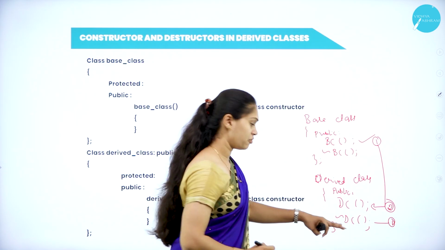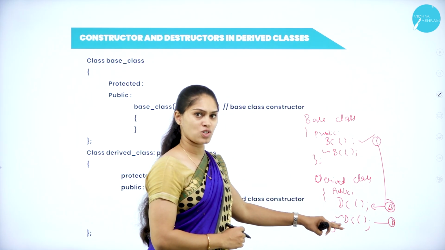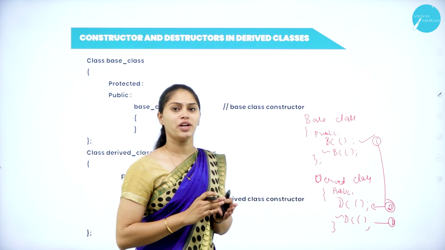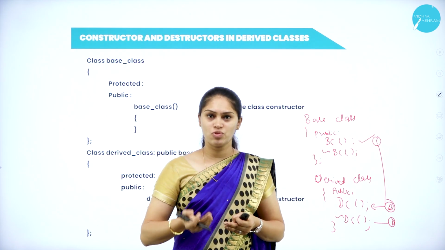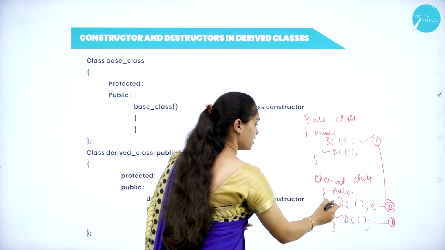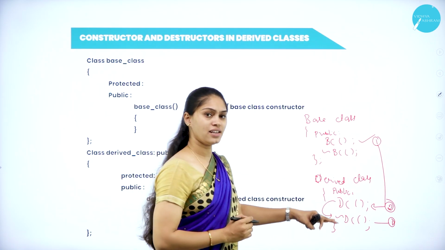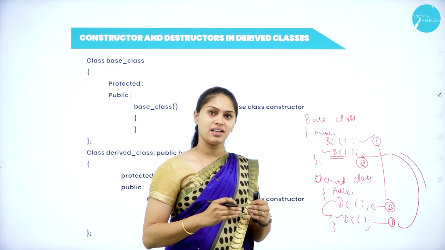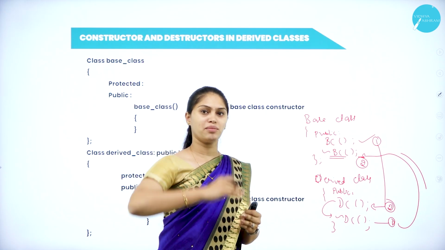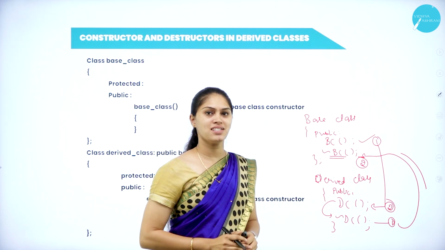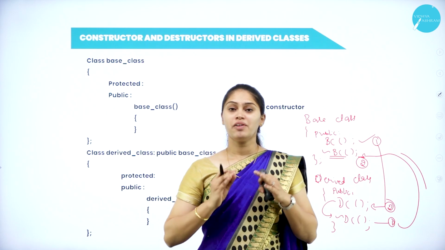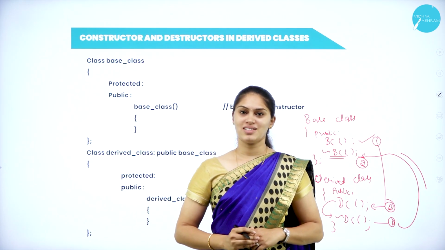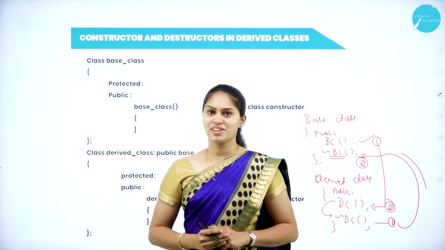It will destroy the resources which were allocated by the derived class constructor. The constructor works in a top down approach and the destructor in a derived class works in a bottom up approach. So these are the things that you have to remember when you are using constructor and destructor in the inheritance concept. So this ends the chapter of inheritance.